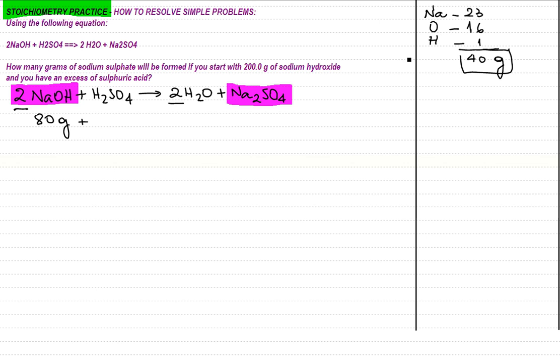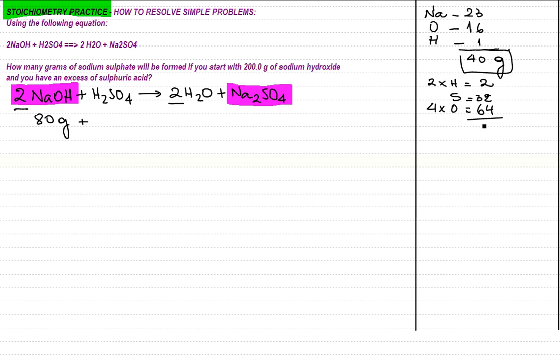Now we need to calculate the same thing for the sulfuric acid. The sulfuric acid has 2 hydrogens, which is a total of 2. The 1 sulfur is 32, and 4 oxygens is 16 times 4, that is 64.